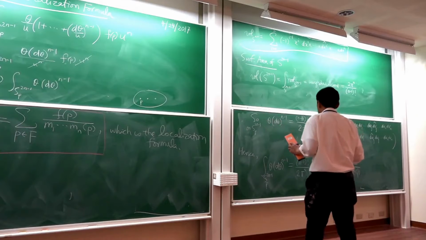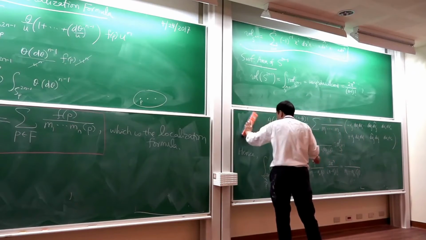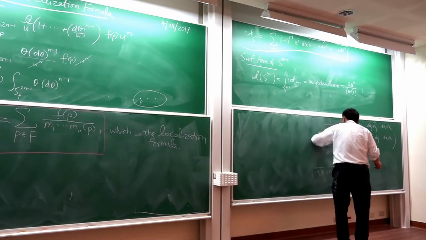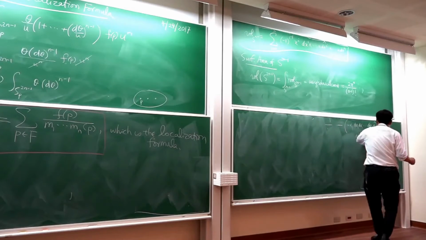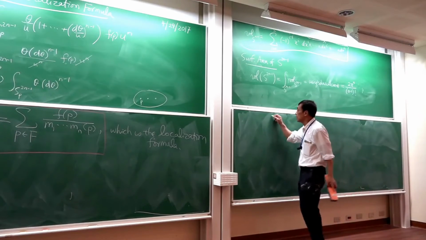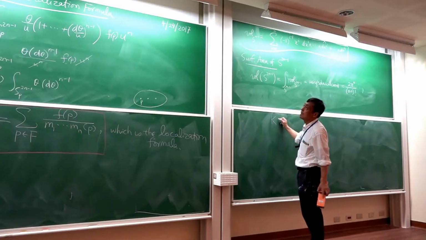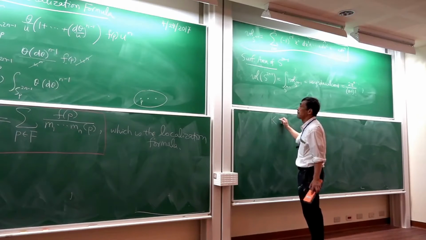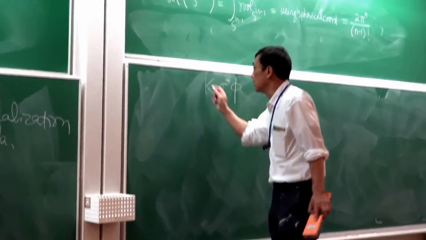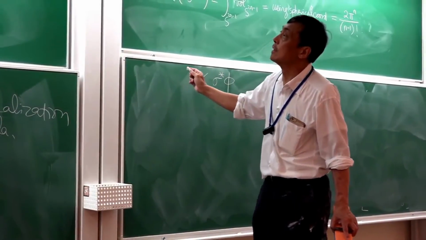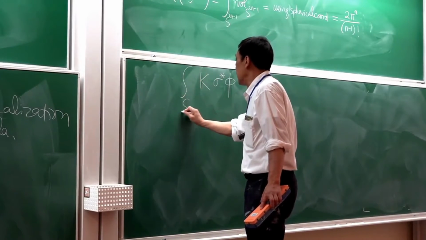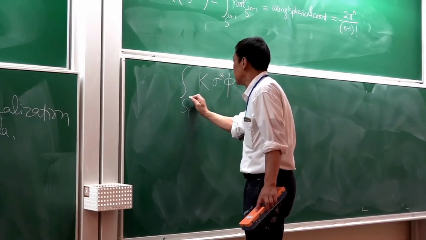You see, the thing is that restriction is a ring homomorphism. So we had K sigma star phi, right? That was the thing that we were integrating on the sphere.